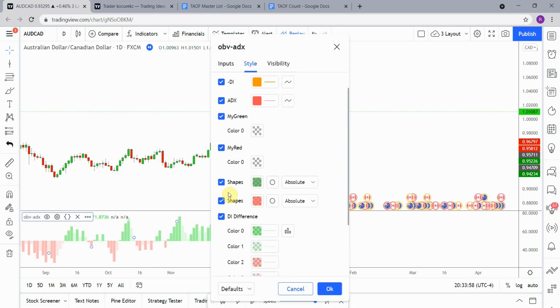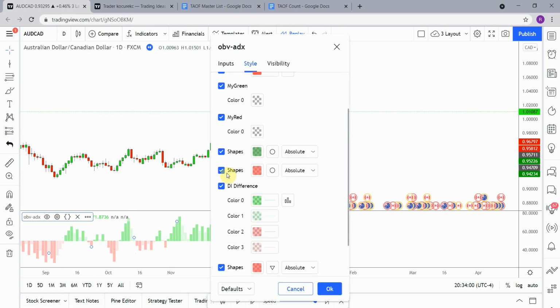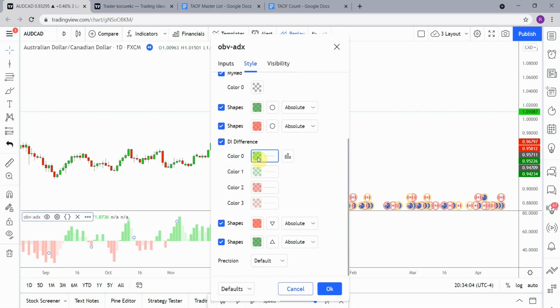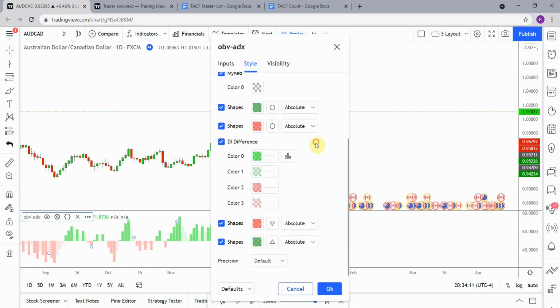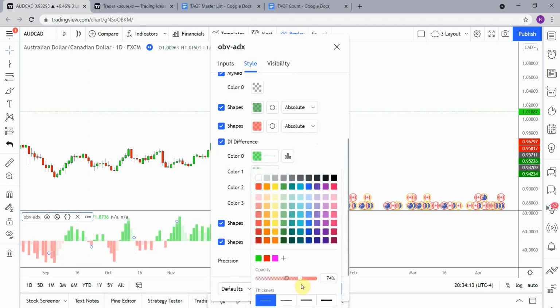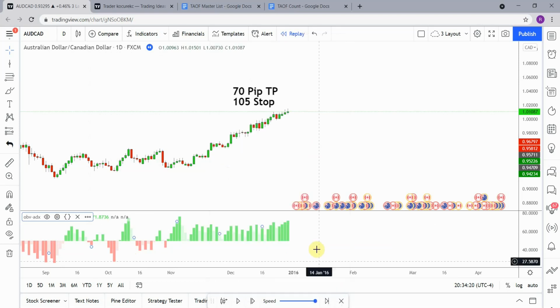And so obviously what we are looking for is the cross of the green bars or the red bars crossing over that 50 marker. So I'm just going to bump up the opacity of these just a little bit here, that way we can see them just a tad bit better.